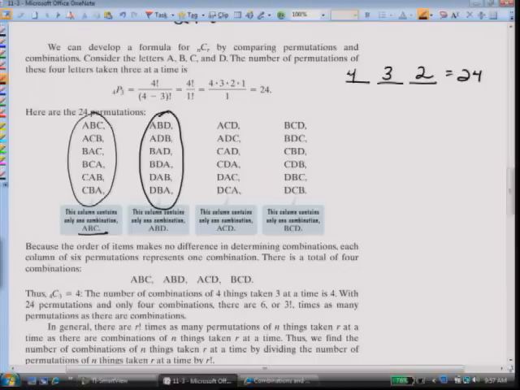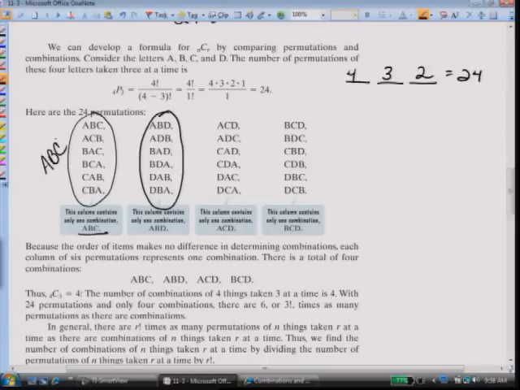So this group of ABC is the combination for ABC. The permutations for ABC are all 6 of these, but there's only one combination because order doesn't matter. So it's just definition, and we're just defining a combination for order not to matter. So if in this class I want to pick a group of 4 students, and I pick the 4 of you, that's it.